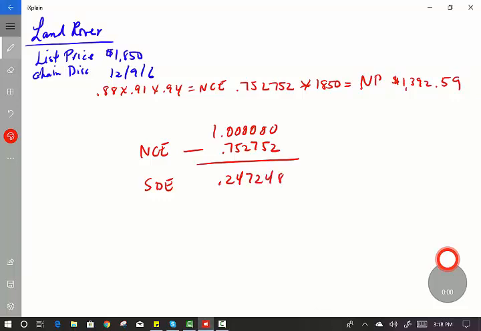I'll multiply the single discount equivalent times the list price of $1,850. That will give me the trade discount amount of $457.41.